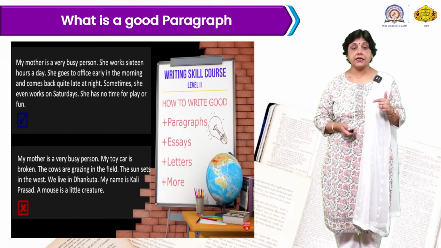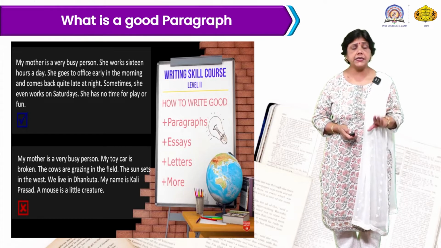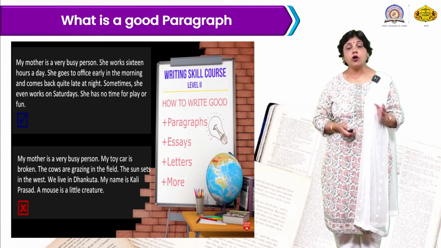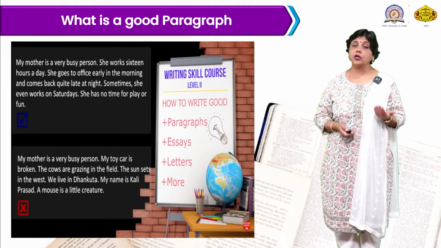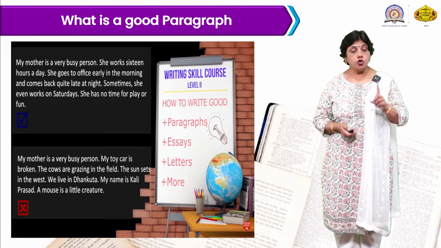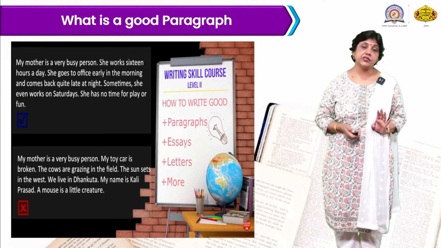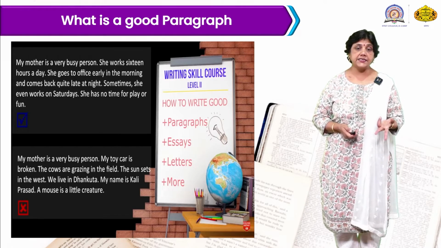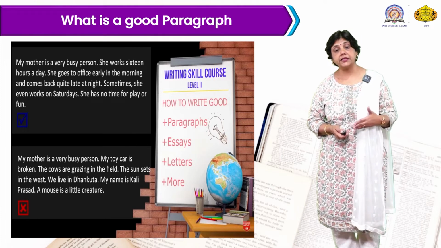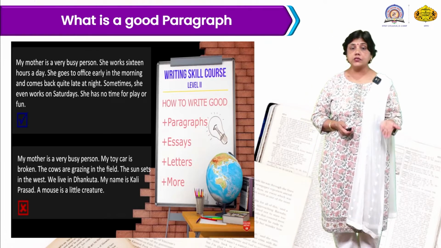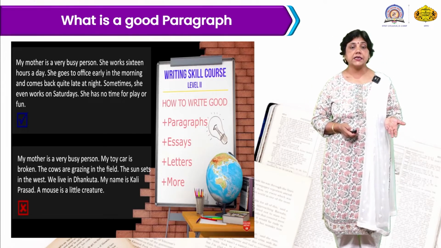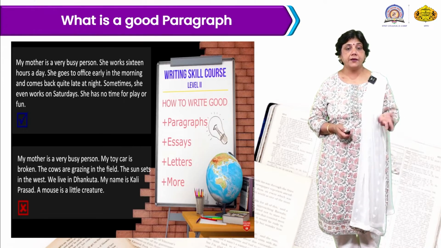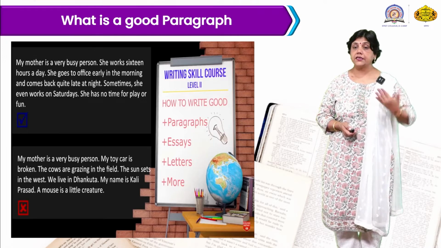The second paragraph, which again starts with my mother is a very busy person, cannot be called a paragraph because no two sentences are matching with each other. It starts with mother's busyness, the second sentence is about the car, the third sentence is about the cow, the fourth sentence is about the sun, then about my location, about my name, and then a mouse is a little creature.